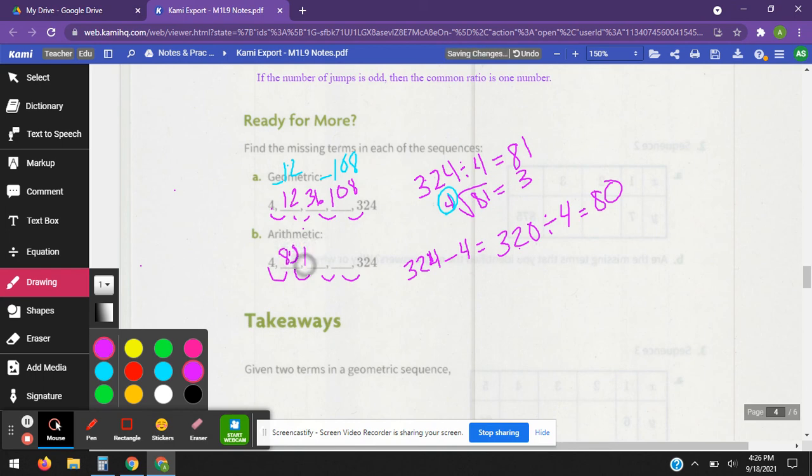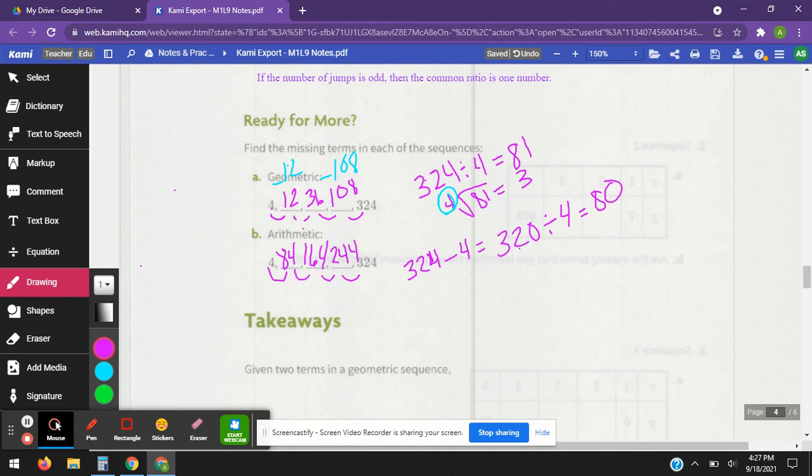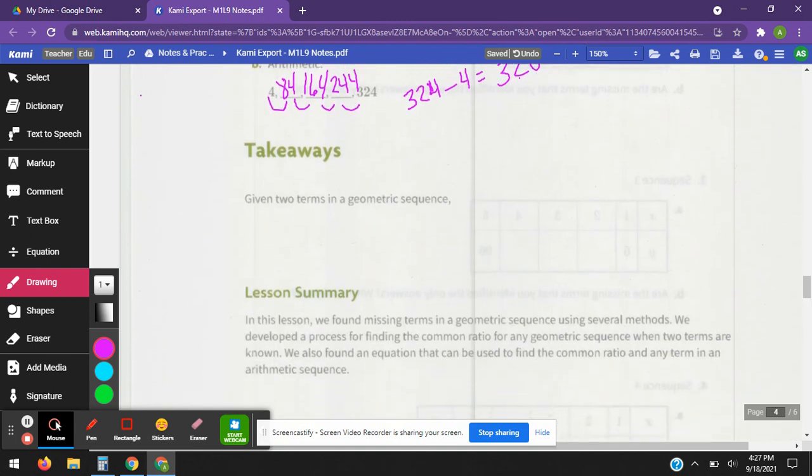And then 4 plus 80 is 84. Plus 80 is 164. 244. 324. All right.